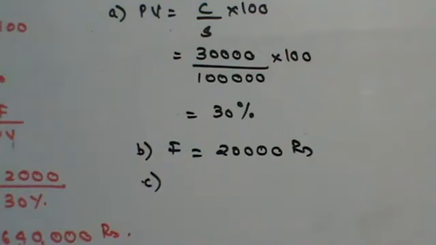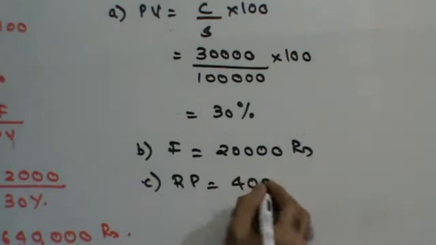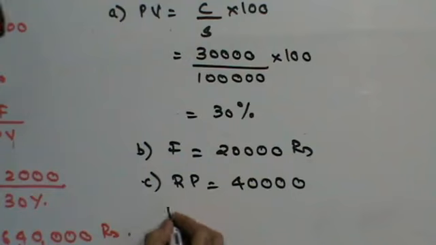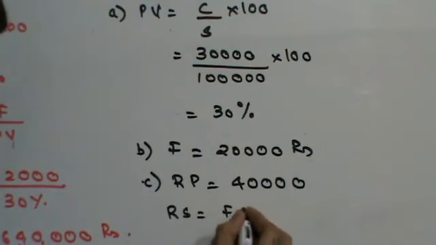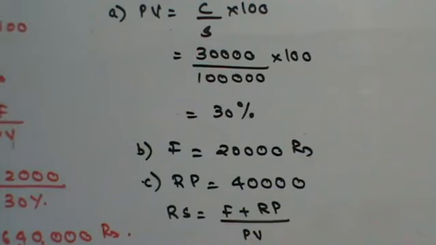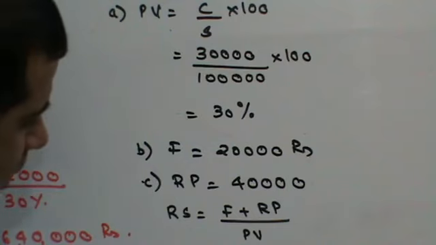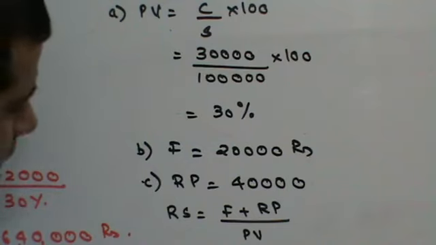Next, they have asked you to find out sales to earn a profit of 40,000. Required profit is given to you as 40,000. Required sales is F plus required profit upon PV. F 20,000 plus required profit 40,000 divided by PV 30%.